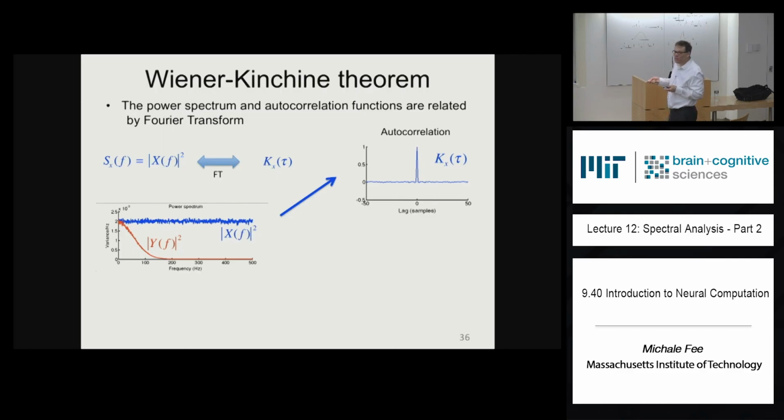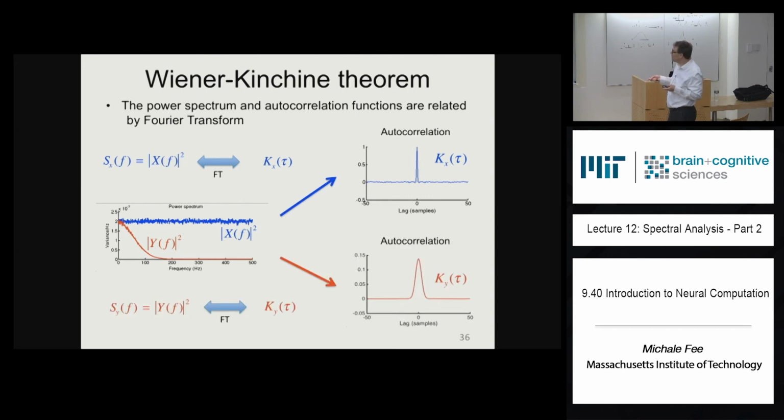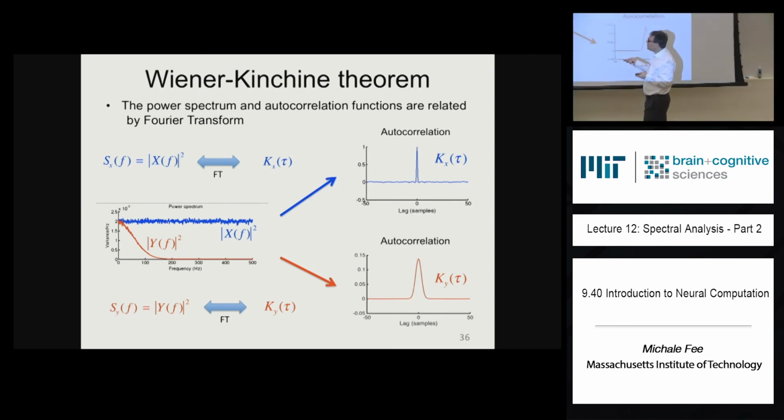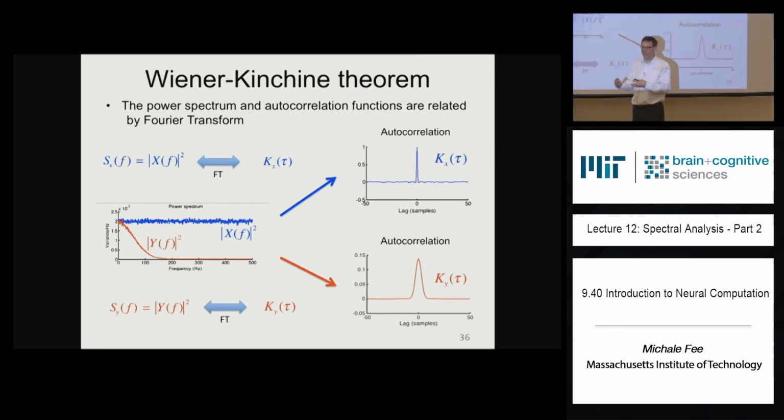What's the Fourier transform of a Gaussian? Okay, so if you have a signal where you have some sense of what the power spectrum is, you immediately know what the autocorrelation is. You just Fourier transform that and get the autocorrelation.